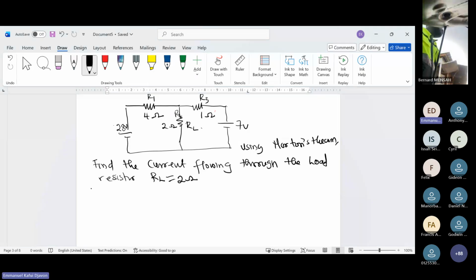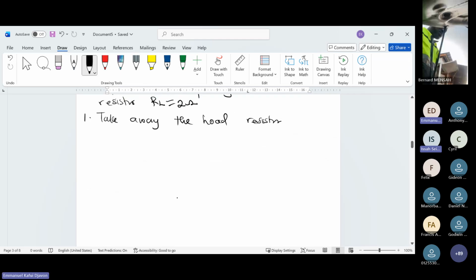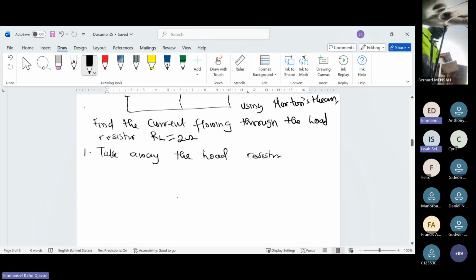If I take away the load resistor, it means the circuit is like this.